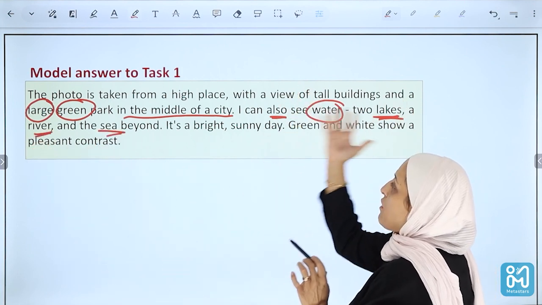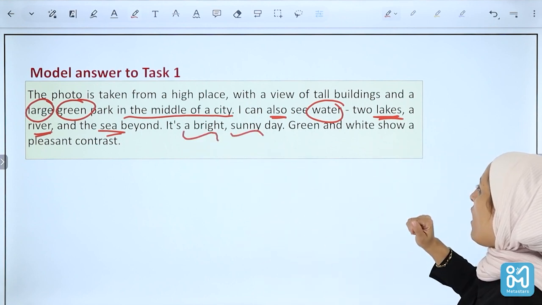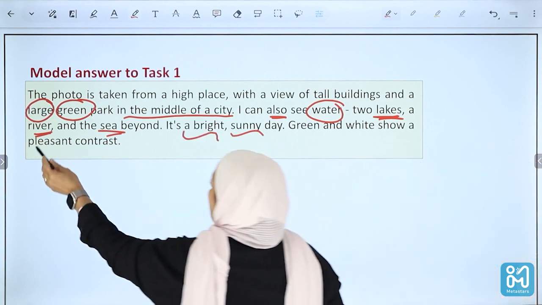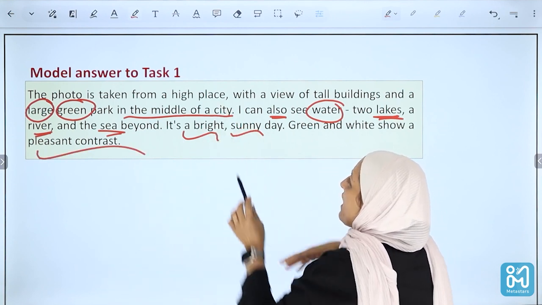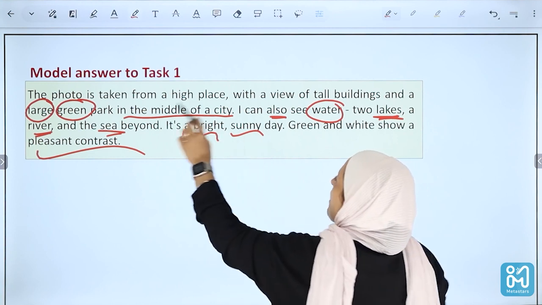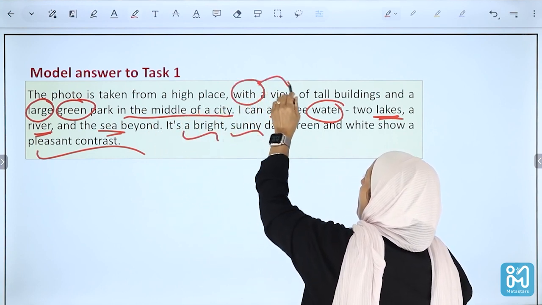And then I describe the day. It's a bright sunny day, green and white show a pleasant contrast. Instead of writing "and", I could say it's taken from a high place with a view.